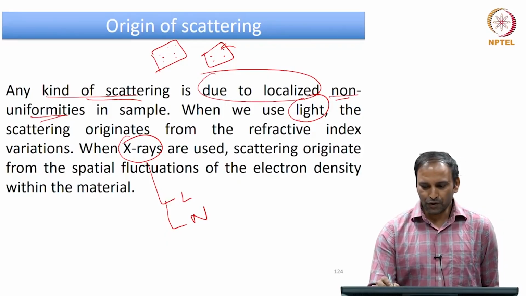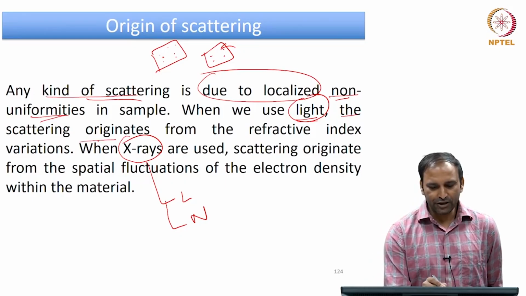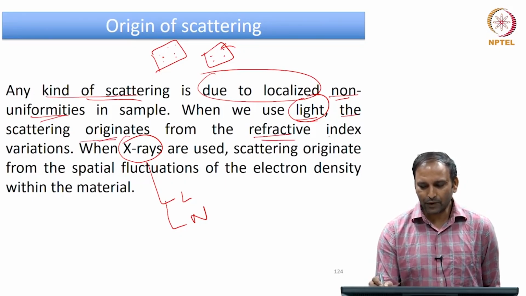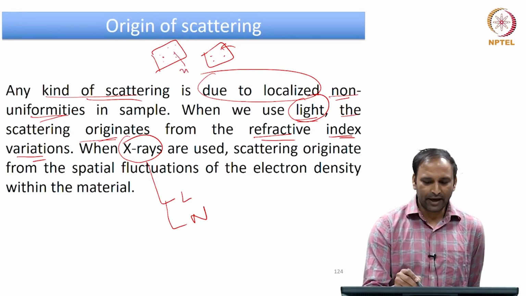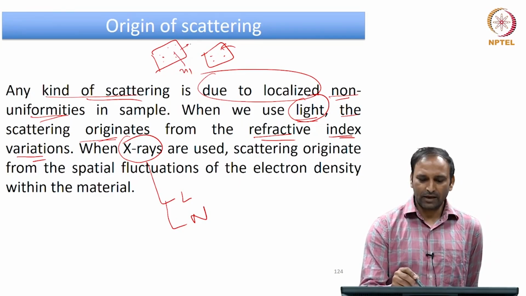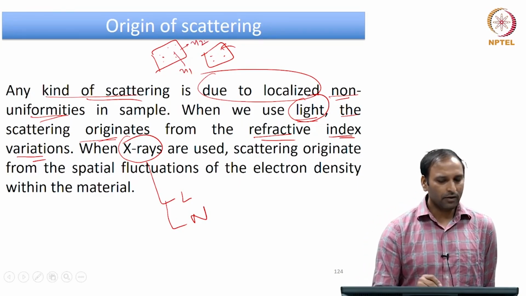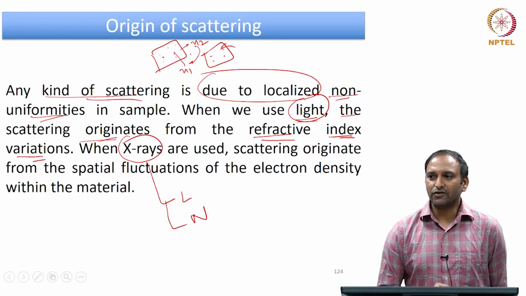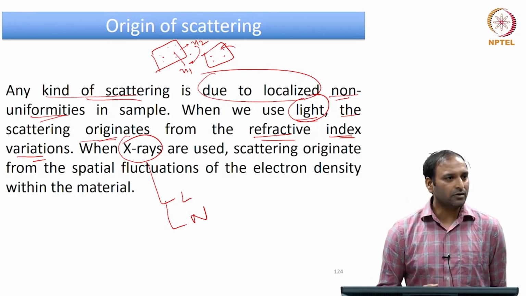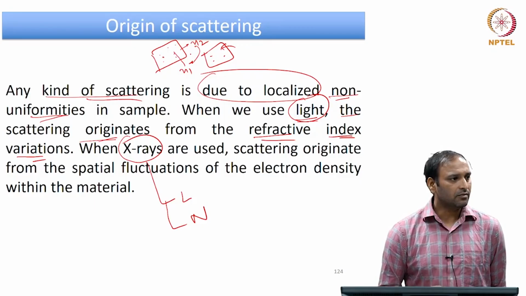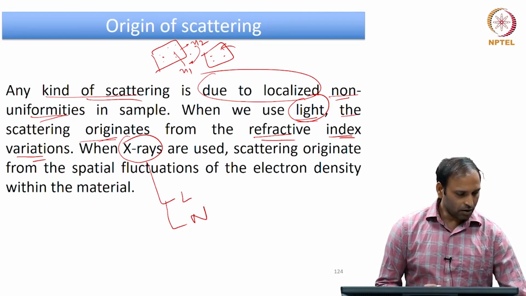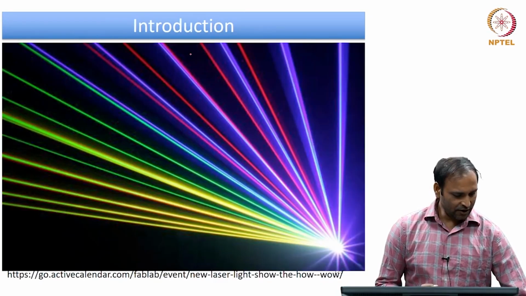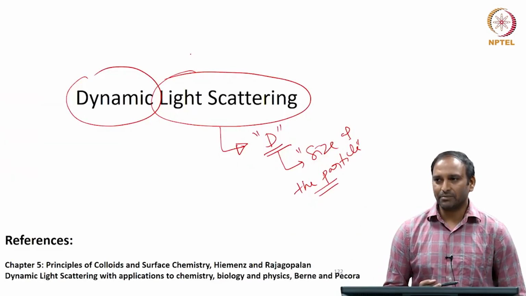If you use visible light, then the scattering originates from refractive index variations. I have a particle that has some refractive index n1, a fluid medium that has some refractive index n2. Only when you have the refractive index difference will you have scattering.